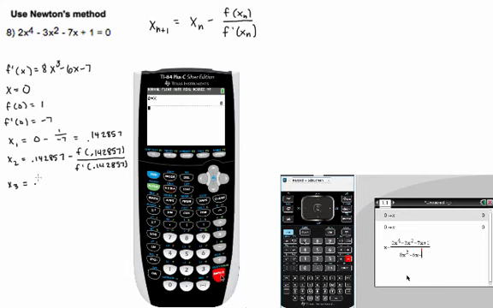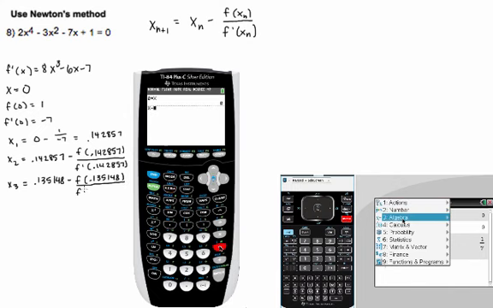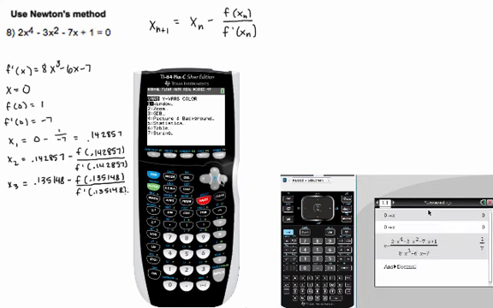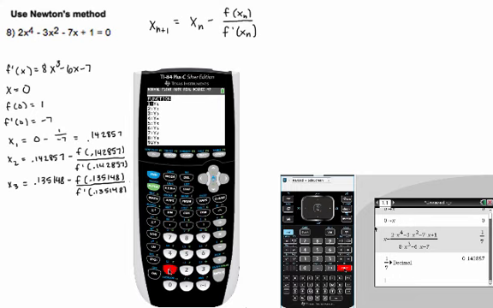So the third one, 0.135148 minus the function of that divided by the derivative at that. And this gets me 0.13512698.